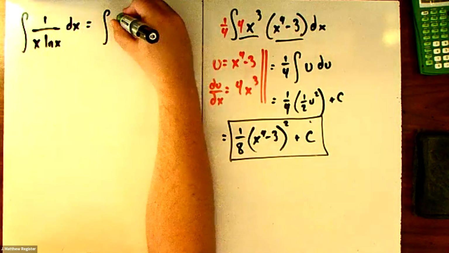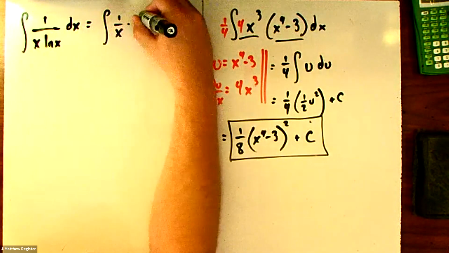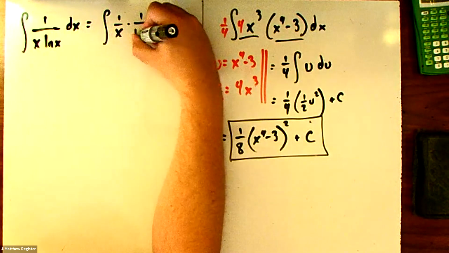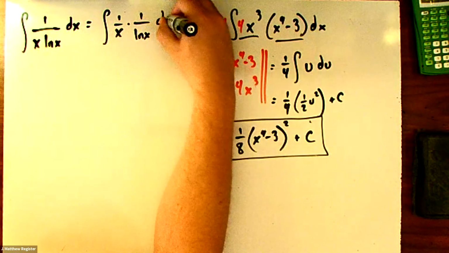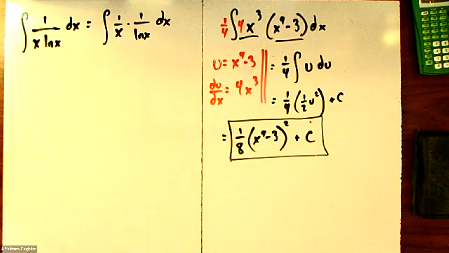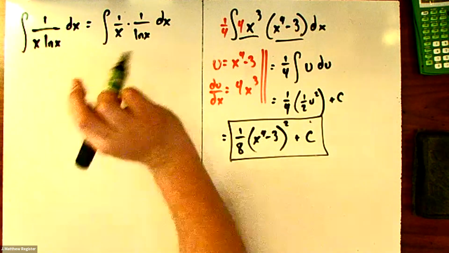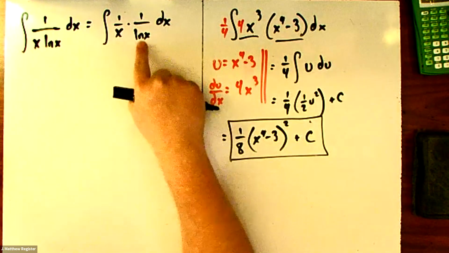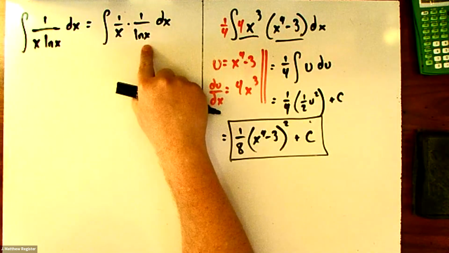In this case, this would be the product of 1/x times 1 over the natural log of x. And the reason why it might be nicer to see it that way is because then we can see that this function here has a natural log of x inside of a 1 over x function.